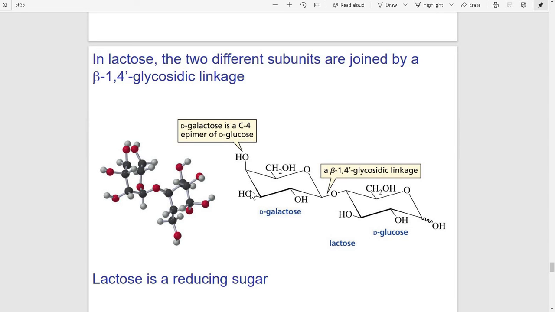This compound is an epimer of D-glucose, which is D-galactose, and here D-glucose is present. In combination of these two, we get lactose. It is also a reducing sugar because of this anomeric carbon containing OH. Lactose also reduces another compound.